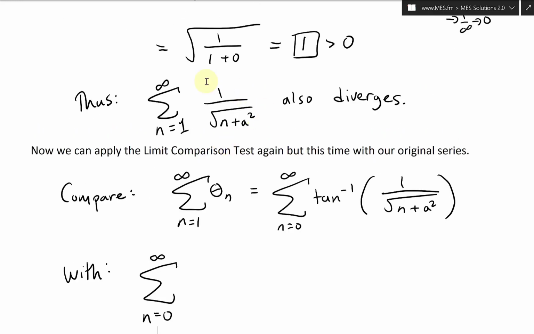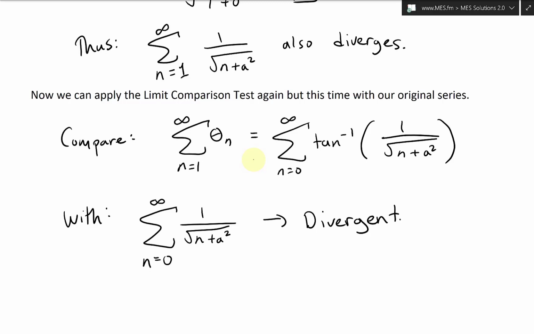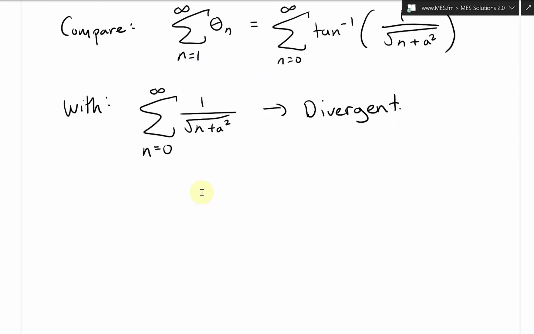It doesn't matter if we start from 0 or 1, it's still going to infinity. So it matches up with this part right here. So this is going to be 1 over square root of n plus a squared, like that. We know this is divergent from the limit comparison test earlier. And now we're going to do the limit comparison test again.